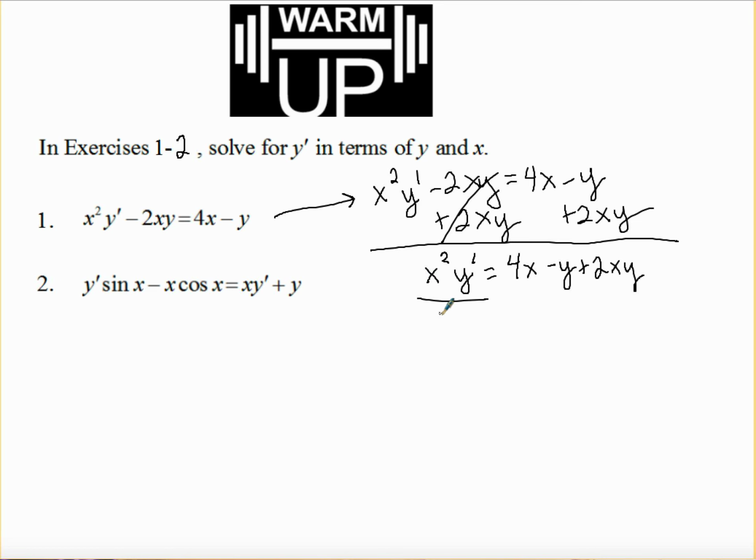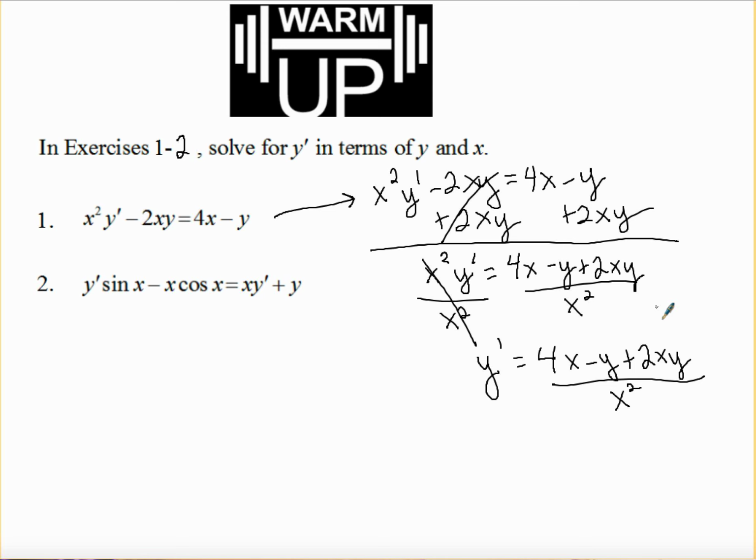So we are going to divide both sides by x squared. So I get y prime is equal to 4x minus y plus 2xy all divided by x squared. You could try simplifying this by splitting it up into separate fractions, but for all intents and purposes, we are done here.